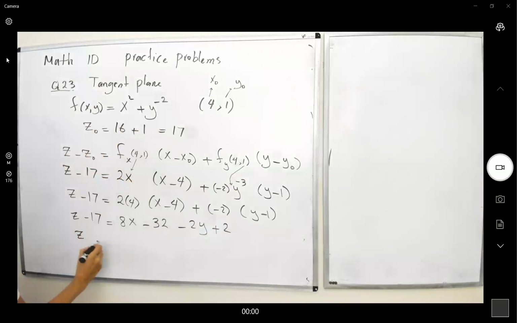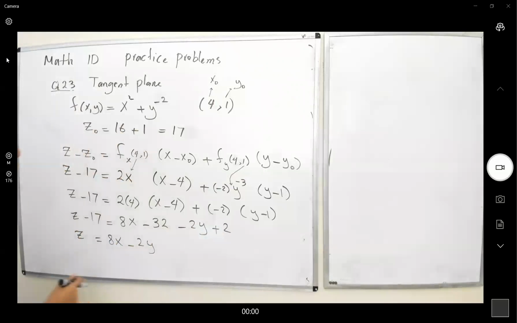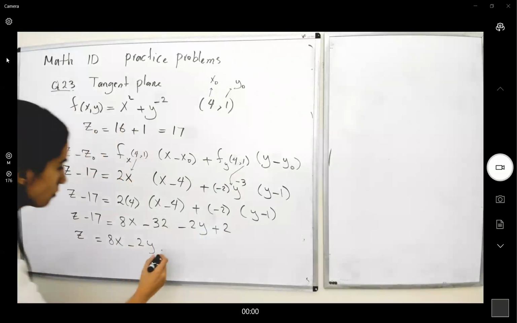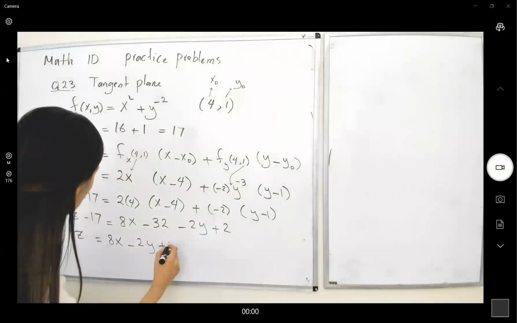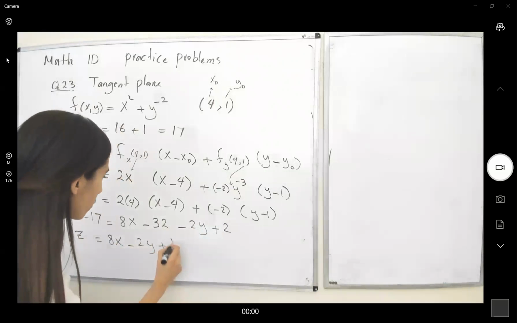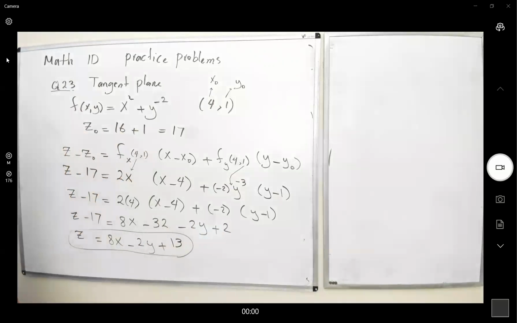So z is equal to 8x minus 2y. I have negative 30, negative 30 plus 17. It gives you plus. So here I have just 30. Yes, I get 30. This is the equation of the tangent plane.